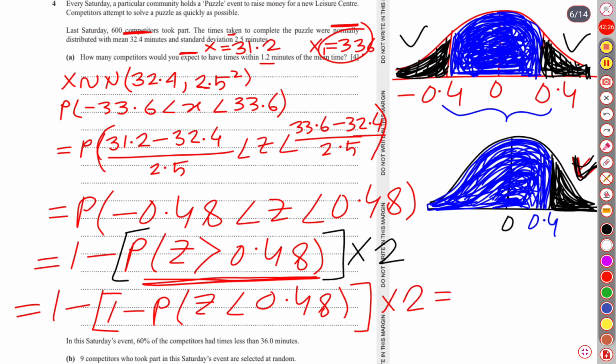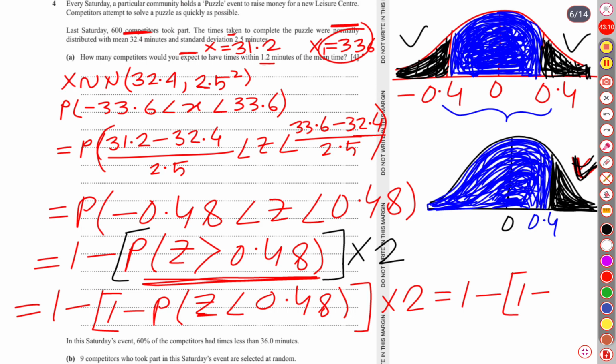There are two dark shaded parts, that's why we have multiplied by 2. In the second case, for this dark shaded part, again from the whole probability we subtract the left part. That's why we have written 1 minus the probability of z less than 0.48.